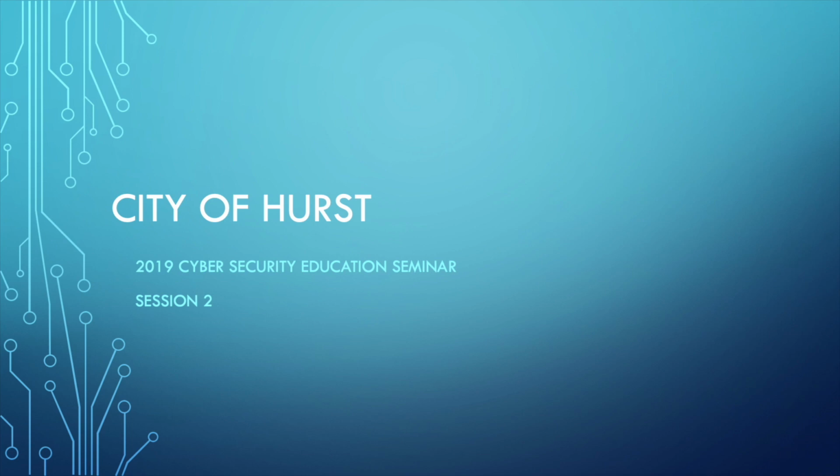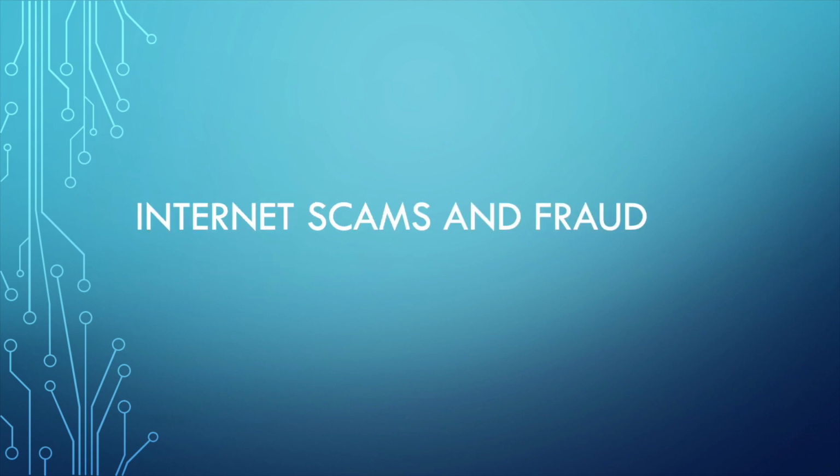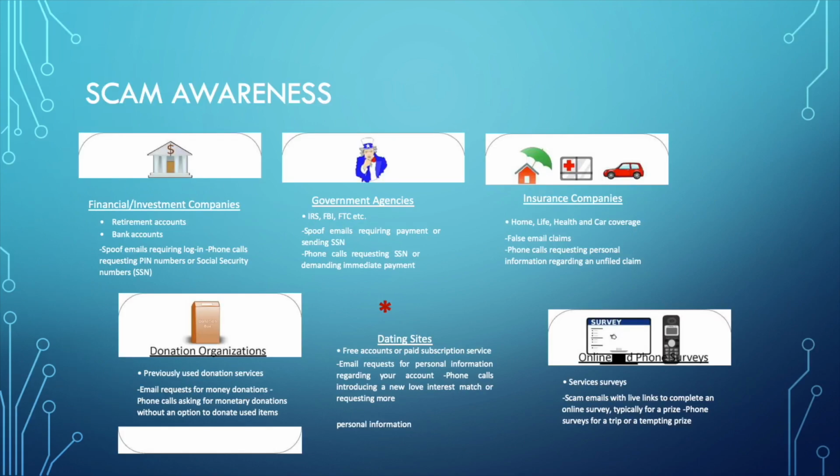To our presentation. So as I said earlier, we're going to cover internet scams and fraud. Internet scams are usually those perpetrated by bad actors wanting to find some way of either getting money from you or getting to your money.